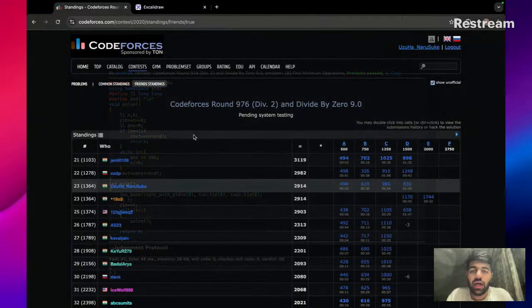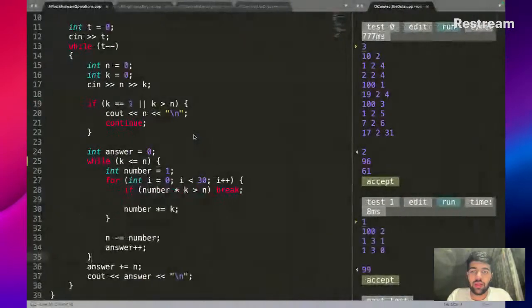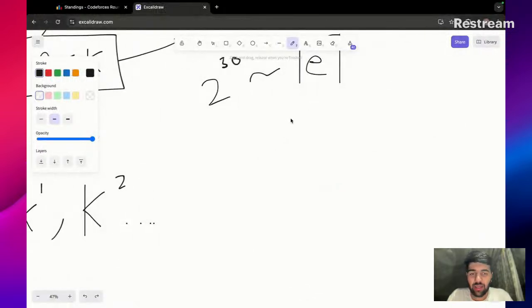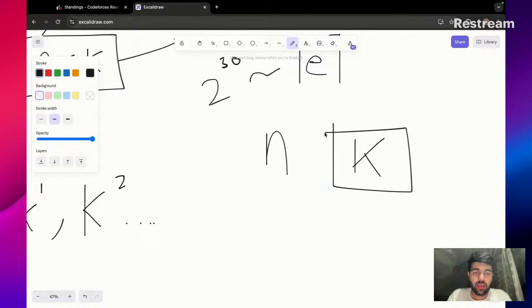Beautiful. So what he's saying is basically, if I want the answer, the answer will basically be n, but in base k, right?